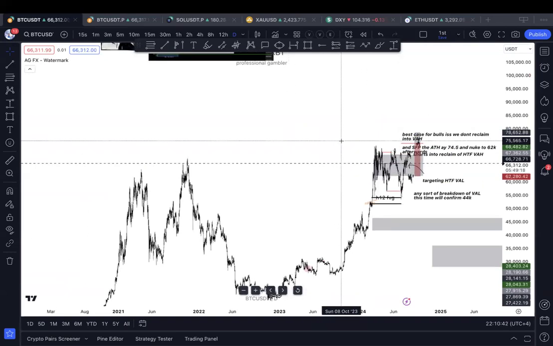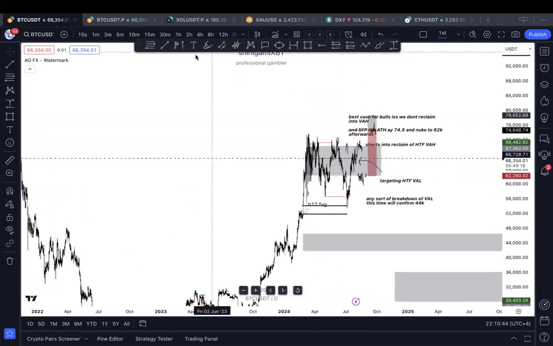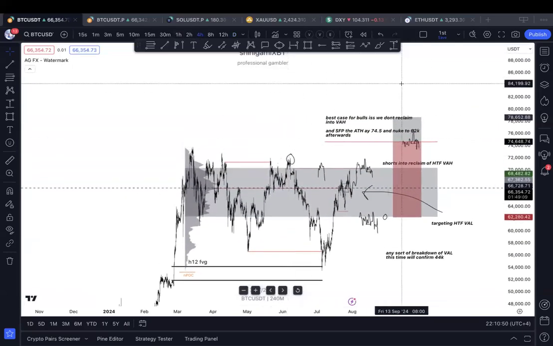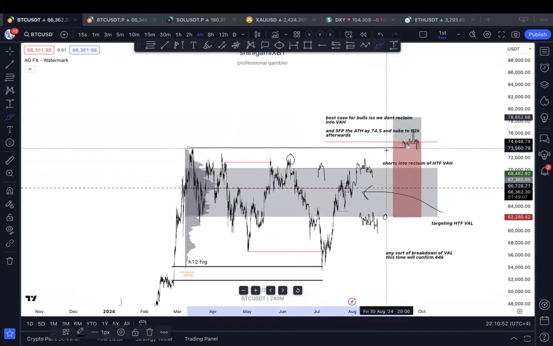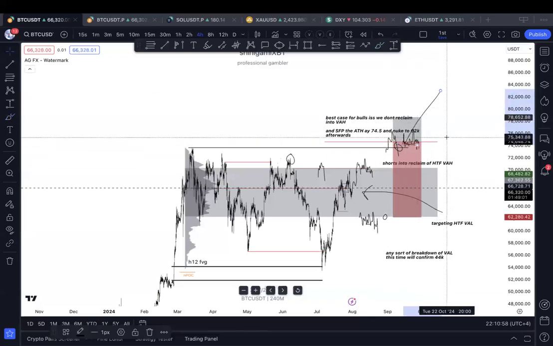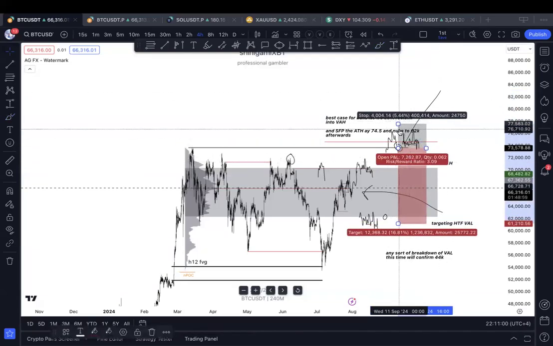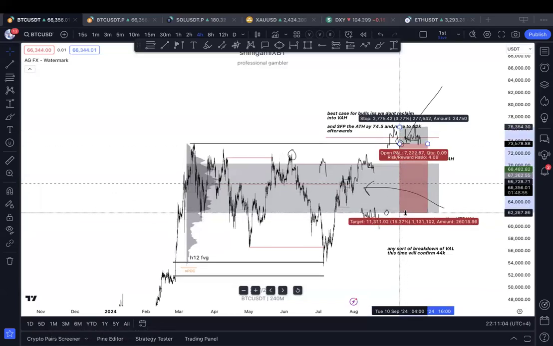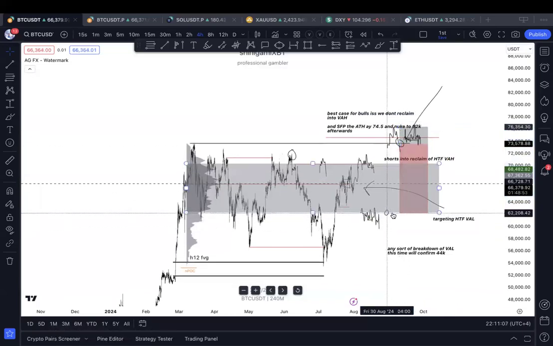And that's why I'm looking to go for those shorts once we reclaim that level and structure. If we do come back up to this high and start to reclaim back again, same ideology here, we will short that reclaim and put our stops on whatever high is made, and then aim for the liquidity sitting below, that is the value area low.